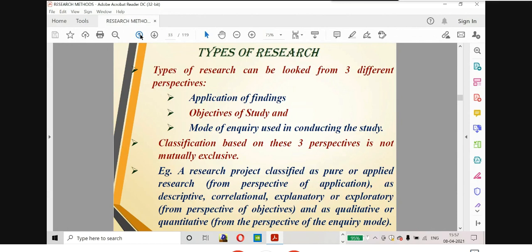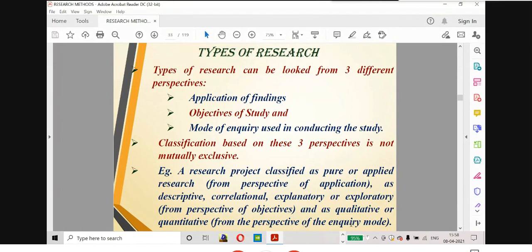Similarly, your research is an application oriented research following certain methods of inquiry. So a particular research can have all these things. A project can be classified as pure or applied research from the perspective of application, as descriptive, correlational, explanatory or exploratory from the perspective of objectives, and as qualitative or quantitative from the perspective of inquiry mode.